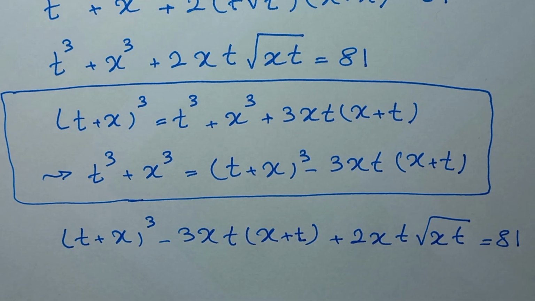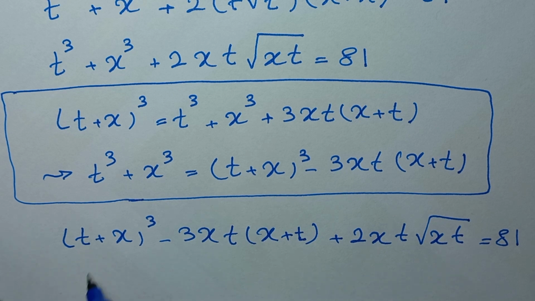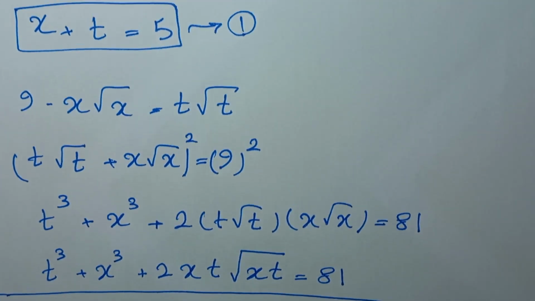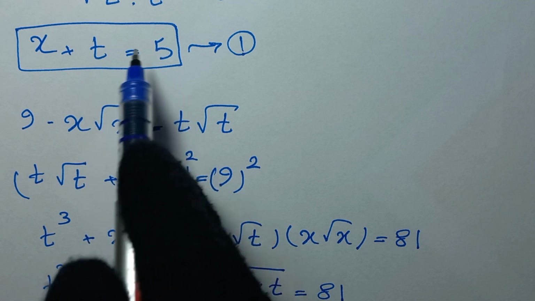In the next step, from equation 1, t plus x is 5, so we substitute.